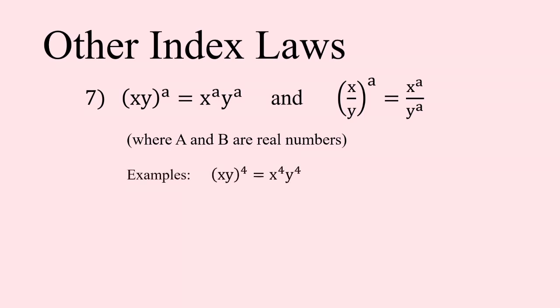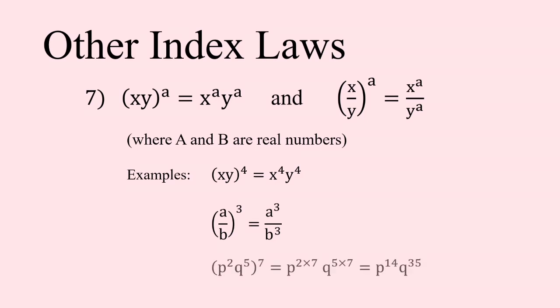For example, xy to the power of 4 is equal to x to the power of 4 times y to the power of 4. a over b to the power of 3 is equal to a cubed over b cubed. p squared times q to the power of 5, all to the power of 7, is equal to p to the power of 2 times 7 times q to the power of 5 times 7, which then equals p to the power of 14 times q to the power of 35.